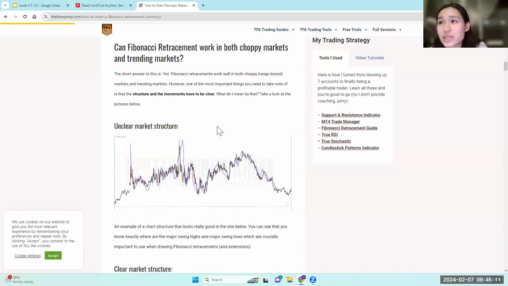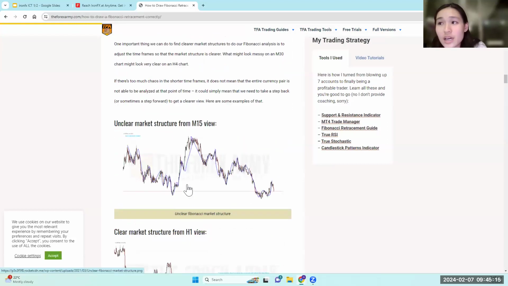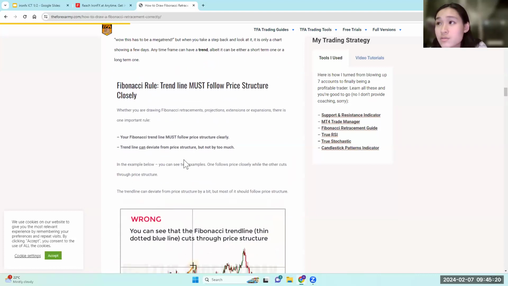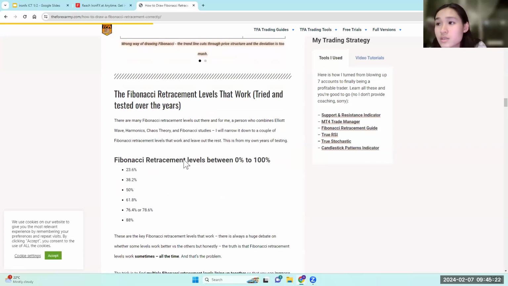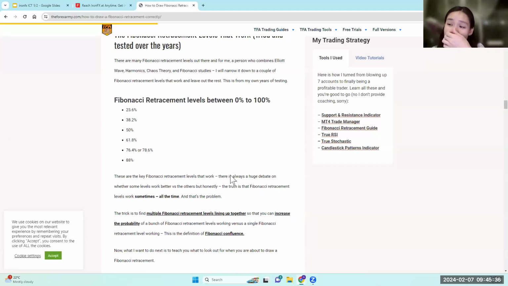There are some videos that you can take note of, the market structure to keep an eye out for. Okay, so if you're using the ICT to find an optimal trade entry, they recommend using a Fibonacci between 61.8 and 78.6.